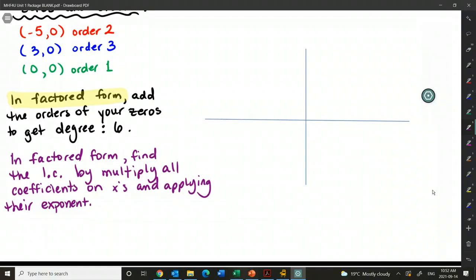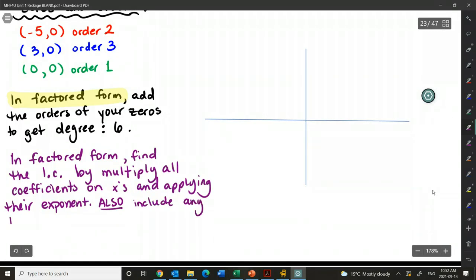Okay, I'm also going to say also include any number in front of the equation in factored form.